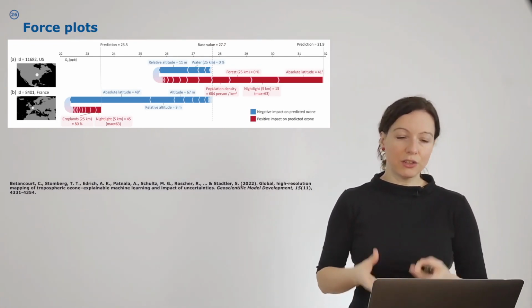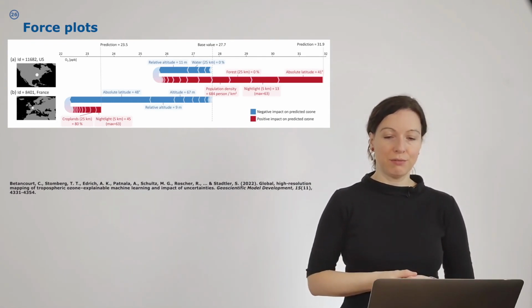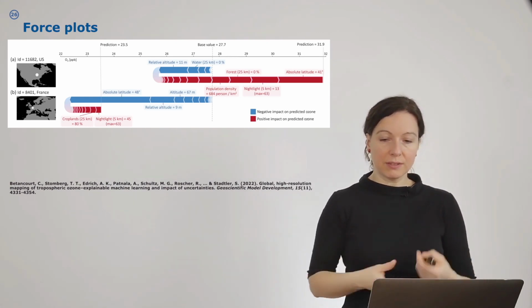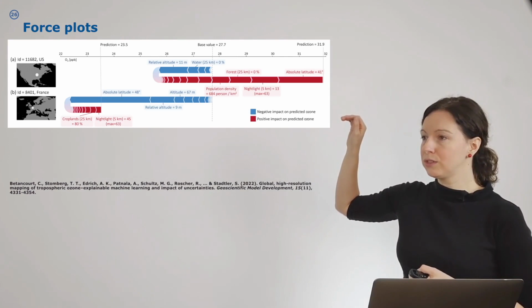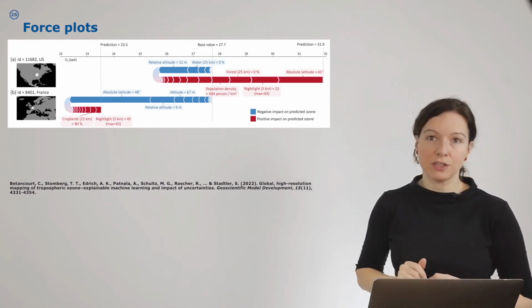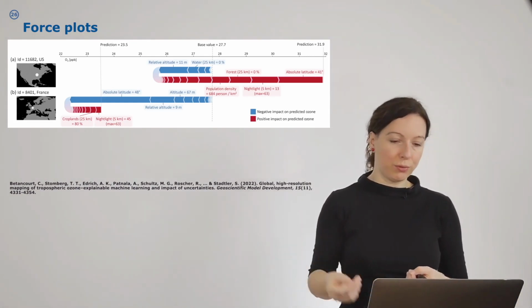So let's have a look at two single predictions, a rural station in the US and an urban station in France. The contribution of each of the single features is illustrated in a so-called force plot. So you have two stations, the US station on the top and the French station on the bottom, and each single prediction has one force plot.